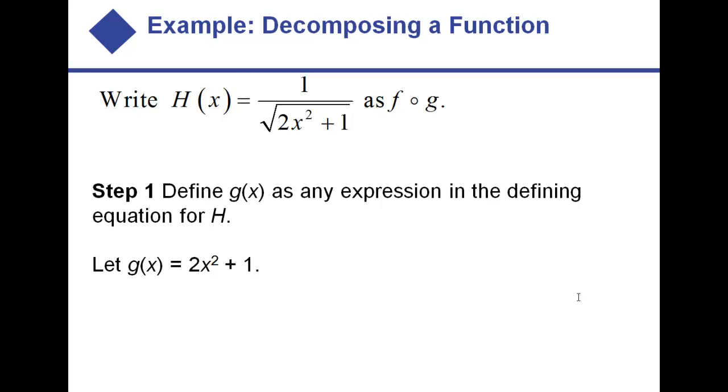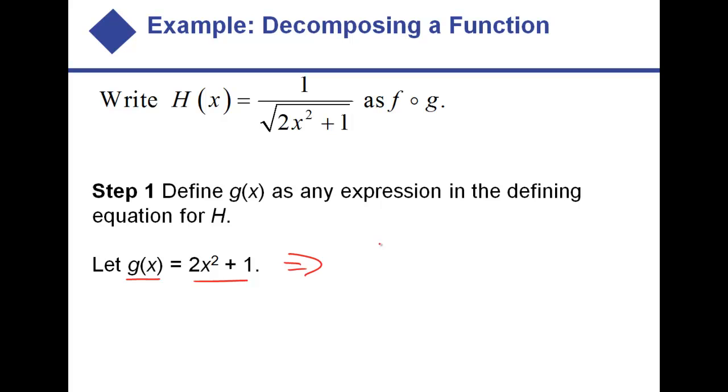So there is our 1 over a square root of some junk. And they want you to define g of x as any expression in the defining equation for h. And they picked it for you. So if g of x is going to be that, well, these two things are equal.